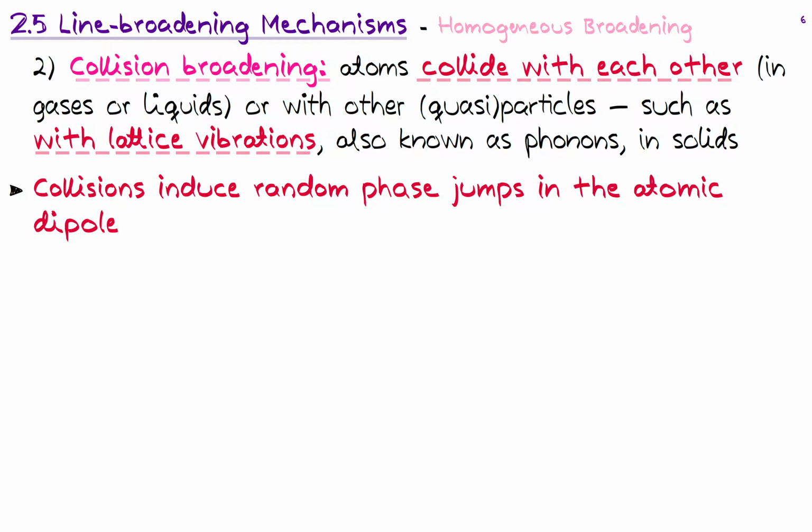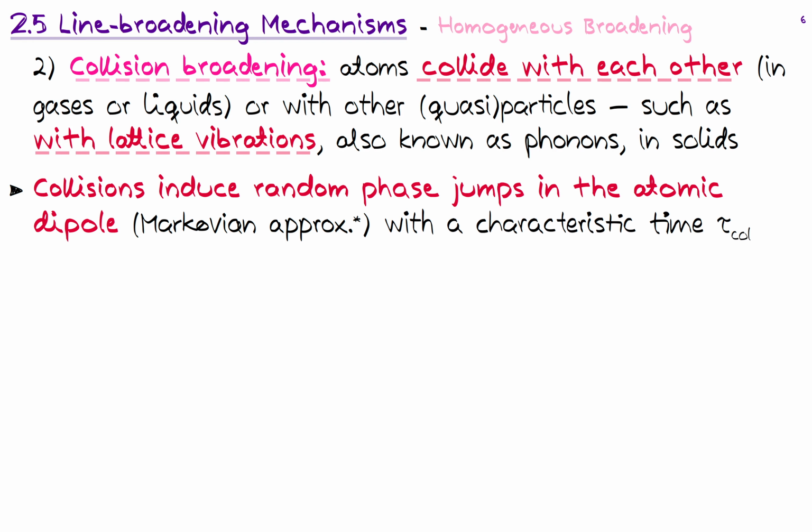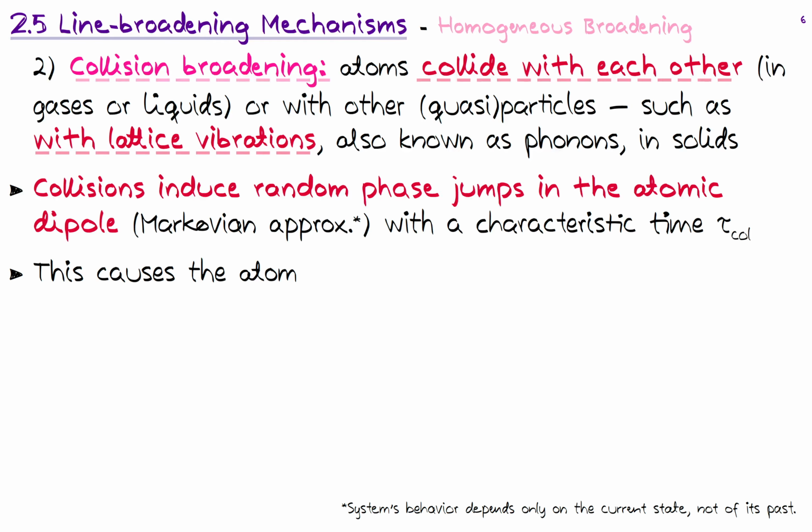What happens is that when we have these collisions taking place, they induce random phase jumps in the atomic dipoles. And in the Markovian approximation, the system behavior is assumed to depend only on the current state and not on its past. Then we have another characteristic time, labeled tau_coll, for collision-induced broadening.